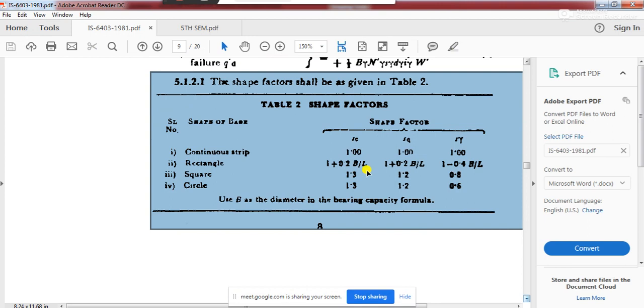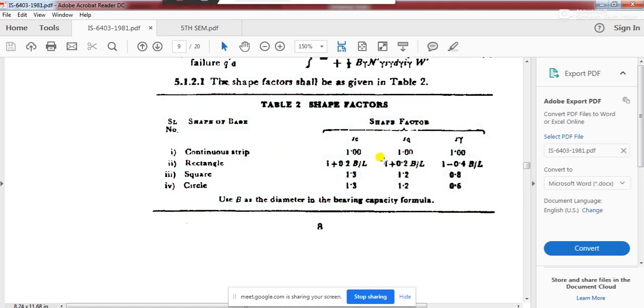In this table number 2, if you observe, the shape factor values are given.